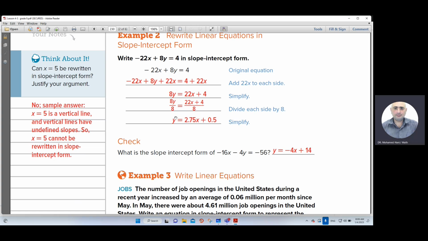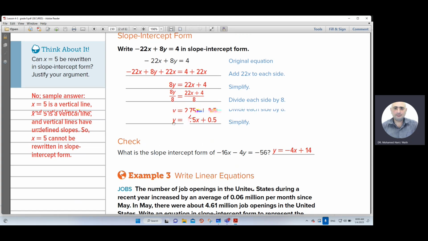So we get y equals 2.75x plus 0.5. Who can tell me what is the name of this? Is it the y-intercept or the slope? The slope. So what is the slope here? Ali, what is the slope here? 2.75. And what is the value of b here? 0.5.